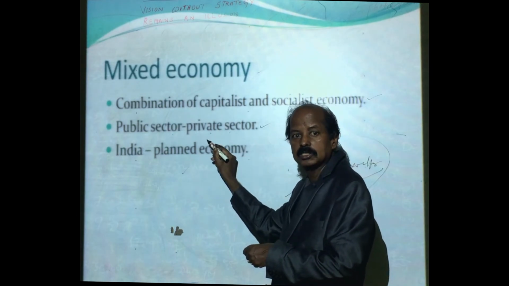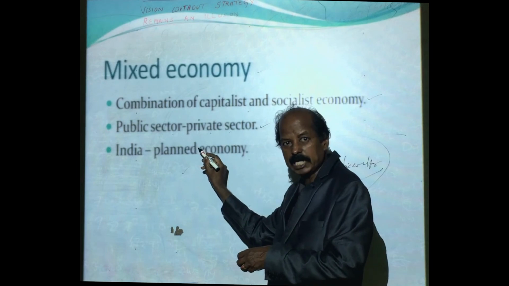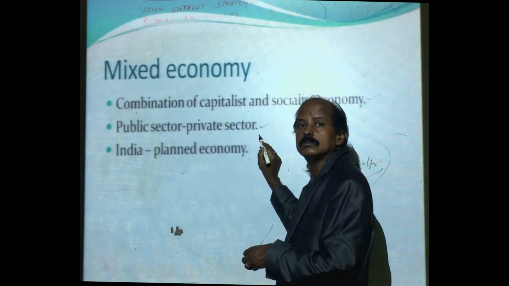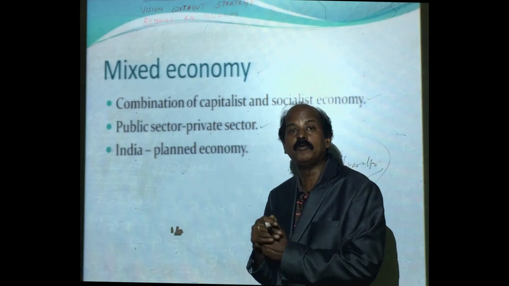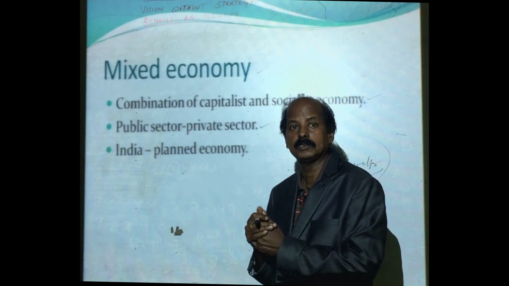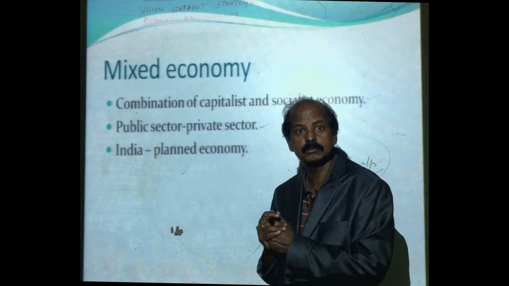Both sectors undertake various economic activities from time to time, which will be controlled by planning. In India also, we find planning; it is a planned economy.